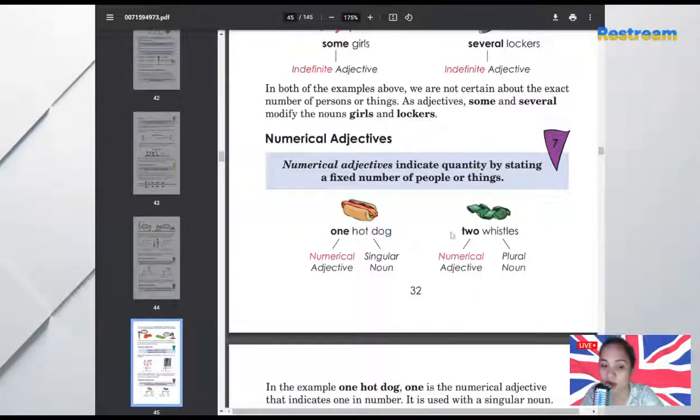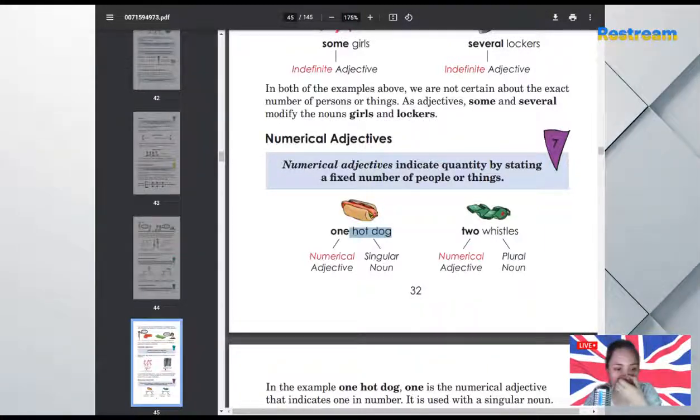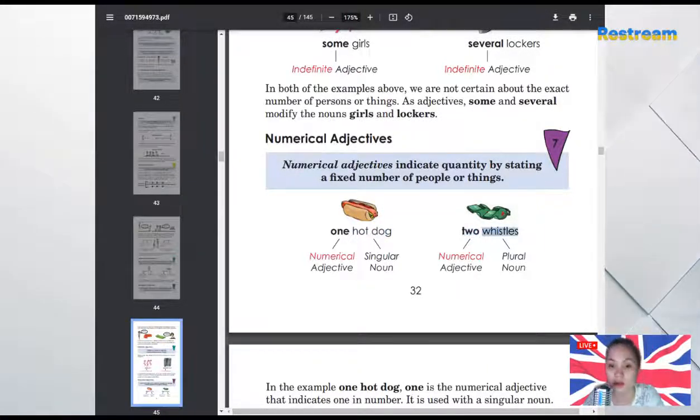While two whistles, we have the noun whistles, and we give the number two so we can give the specific number of whistles. Numbers are also used as adjectives because one describes the hot dog and two describes the whistles. Whistles is plural, while this hot dog is singular because we also use the word one.